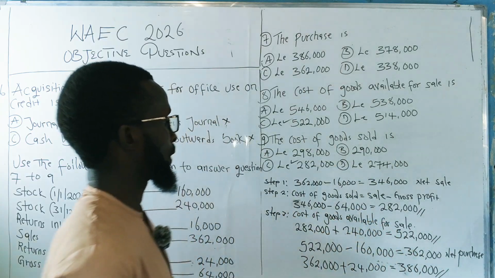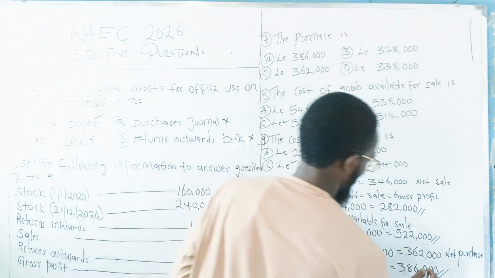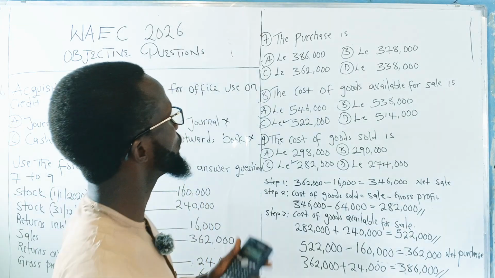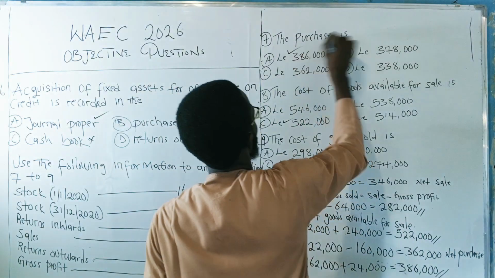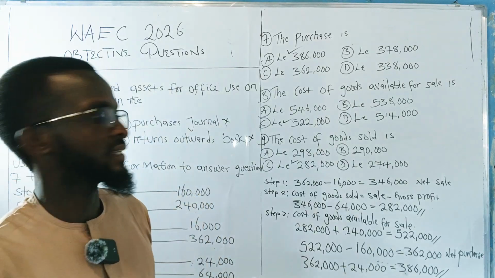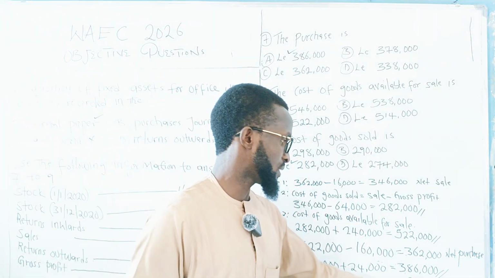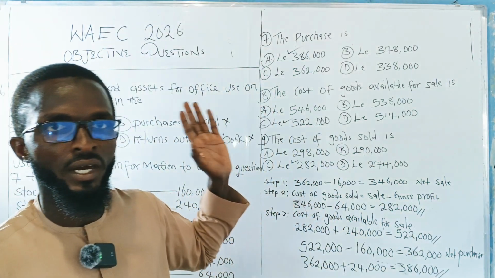So I think this is our answer. You can see it tallies with option number 1. That is to say, our answer is A. You can see 386. We have gotten our purchases.